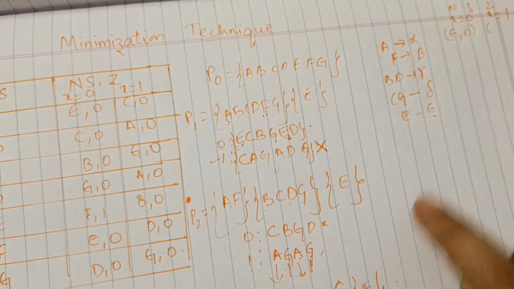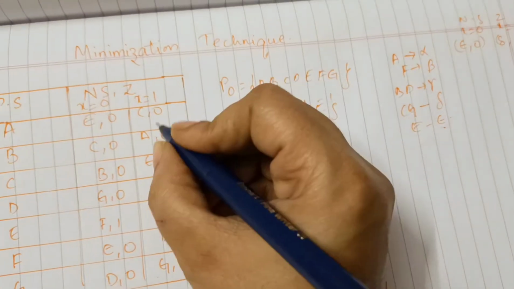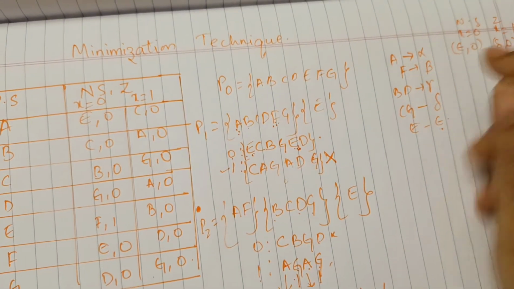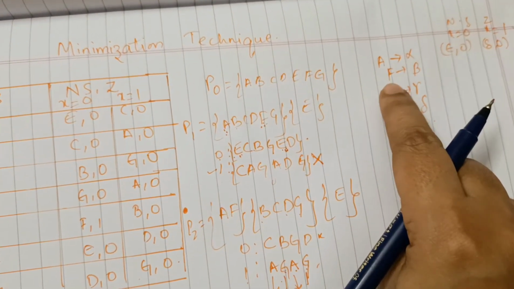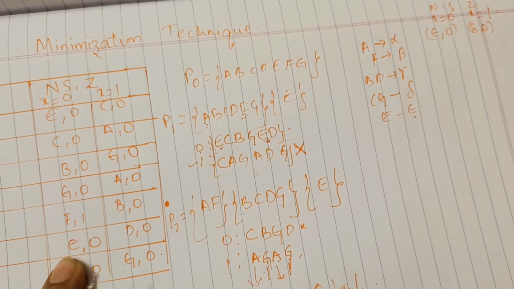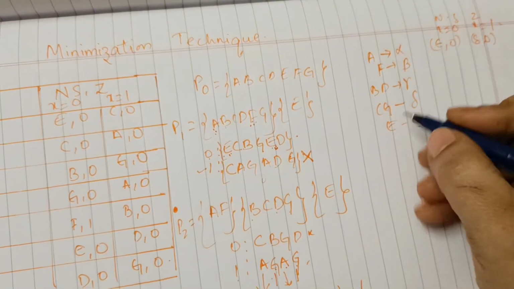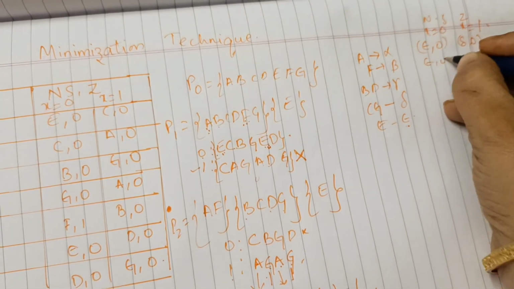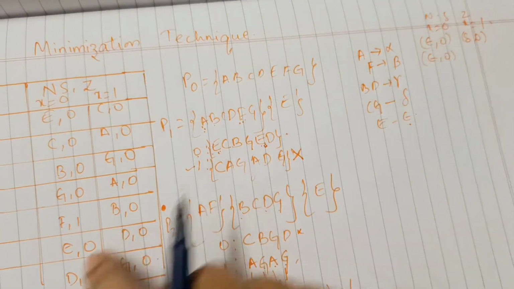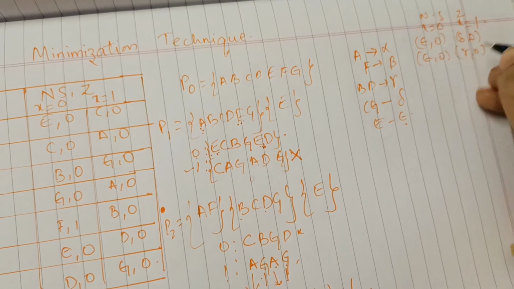And C means delta, and here the state is 0. Next, F. F value is E, right? E means epsilon 0. And D means gamma 0.